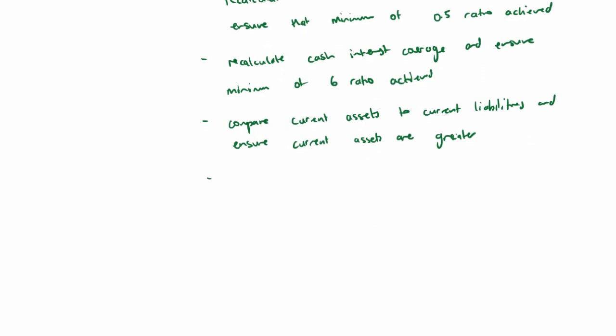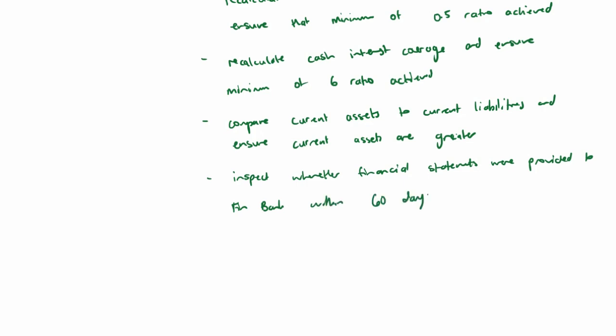And then I'm going to inspect whether the financial statements were provided to FinBank within 60 days of year end. If we are auditing and we are still within those 60 days, you could then say, inquire how they intend to provide those financials within the 60 days.